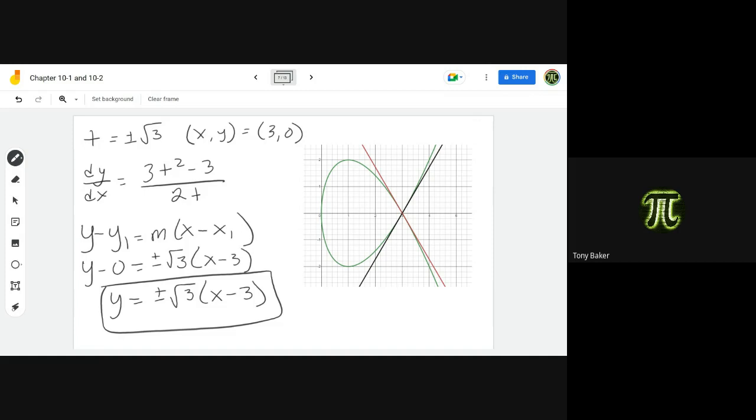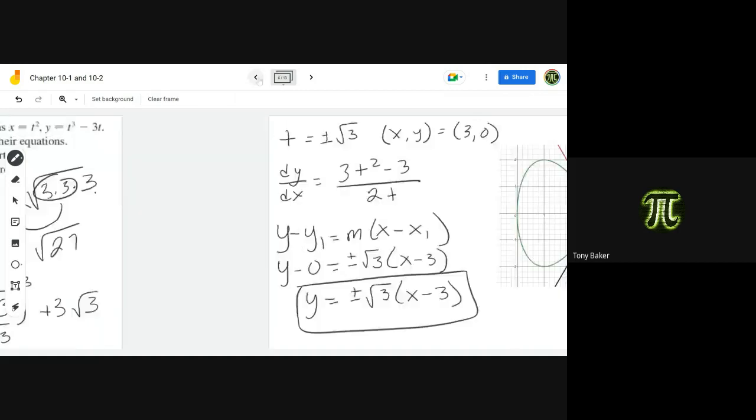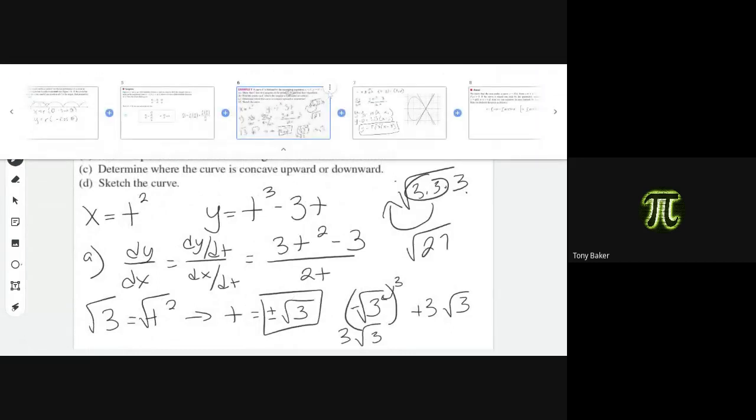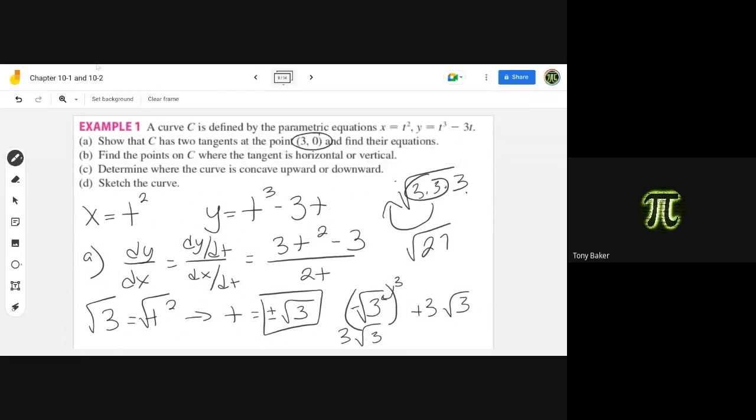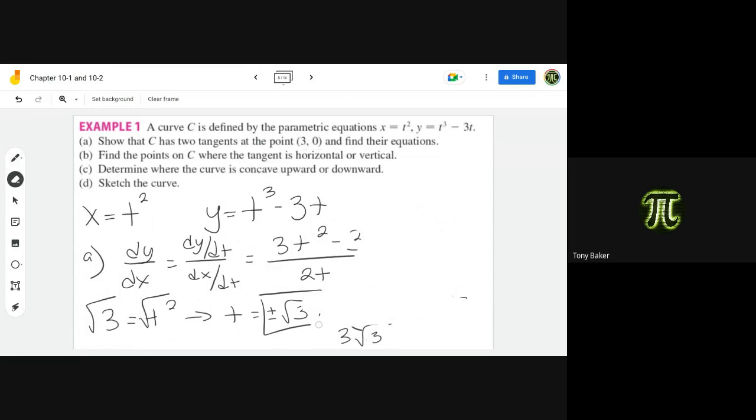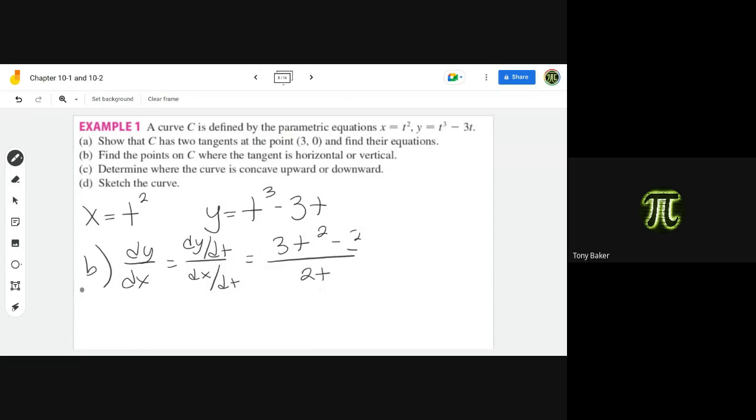Does that part make sense? Yes? Okay. The next part of this question asks you to find the points on C where we have a horizontal or a vertical tangent slope. So we still have our derivative. I don't need to find that again.